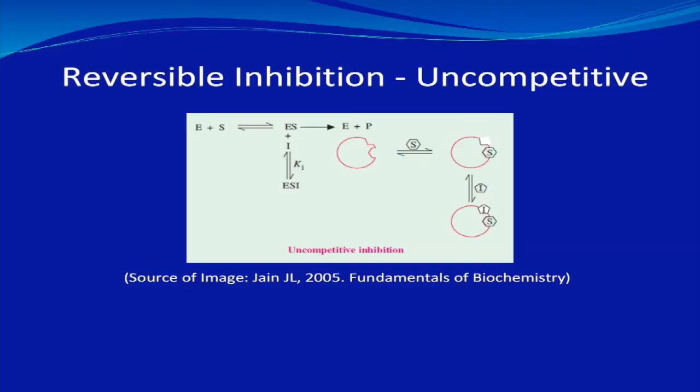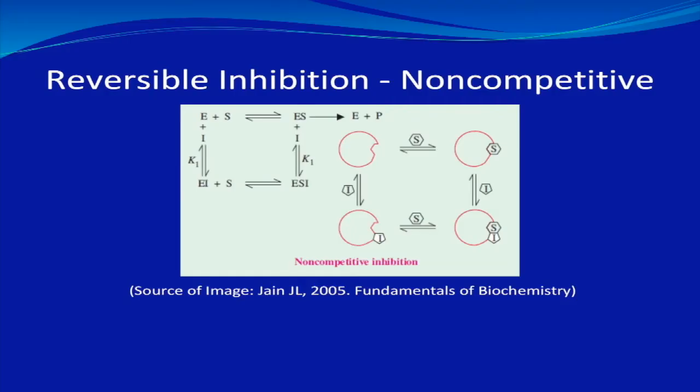Then next, about uncompetitive inhibition. Here the inhibitor is not going to bind to the active site. We can expect it to bind to the enzyme substrate complex because it is not going to bind directly to the enzyme. It is going to bind to the enzyme substrate complex. Similarly, there is another type called non-competitive inhibitor where the inhibitor not only binds to the enzyme active site but also can bind to the enzyme substrate complex.